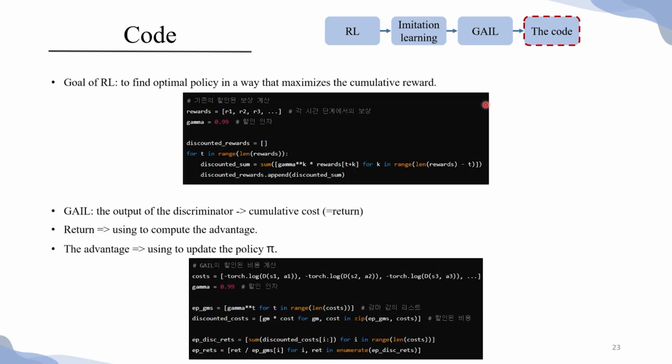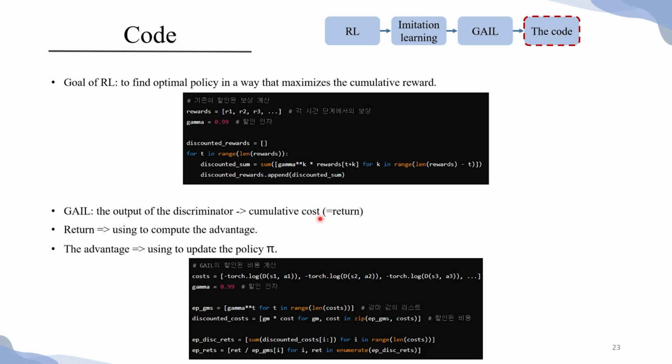I said that the goal of reinforcement learning is to find a policy that maximizes the cumulative reward. In the case of GAIL, the reward is the sum of the discriminator's output taken as a log, discounted by the gamma value.